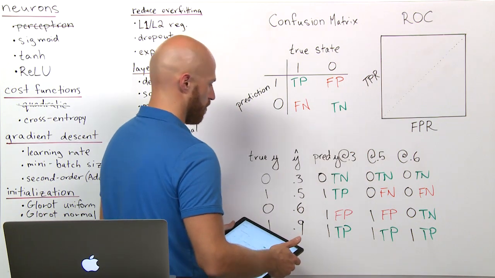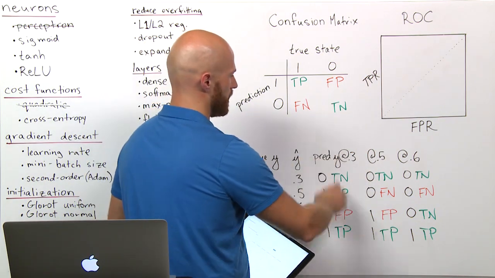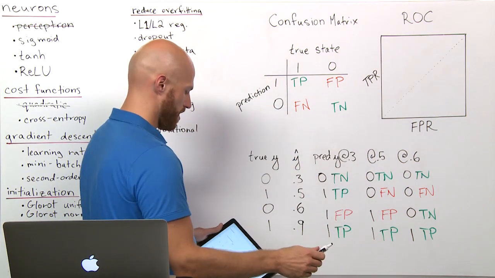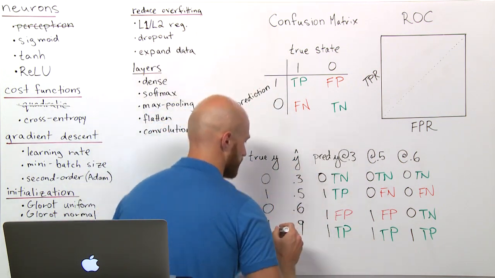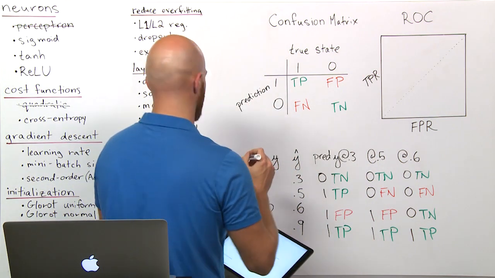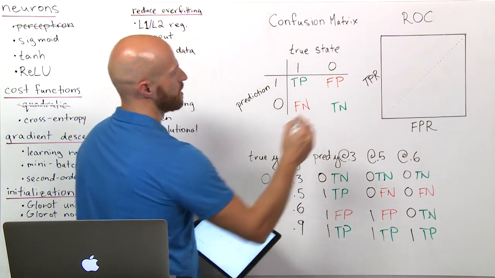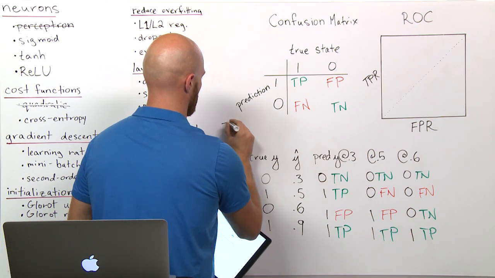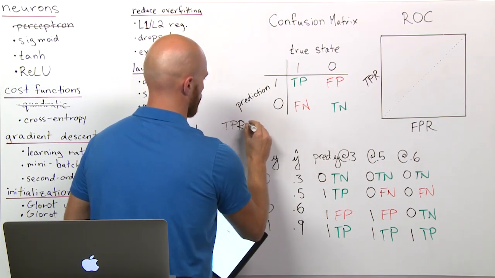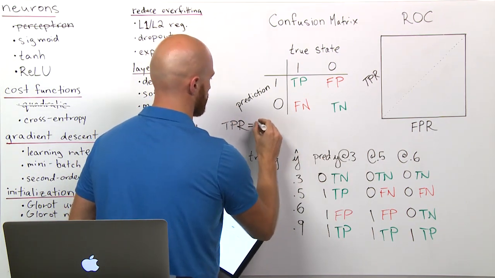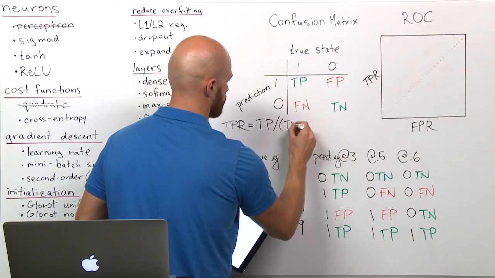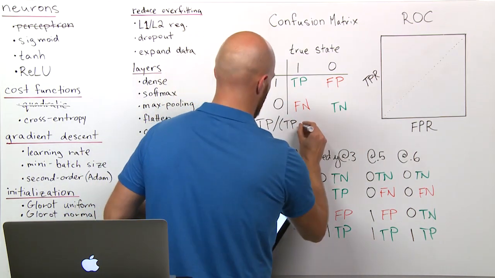Now, for each of these columns, we calculate the true positive rate and the false positive rate. So there's a simple formula for that. The true positive rate is equal to all of the true positives that we have divided by all of the true positives plus our false negatives.